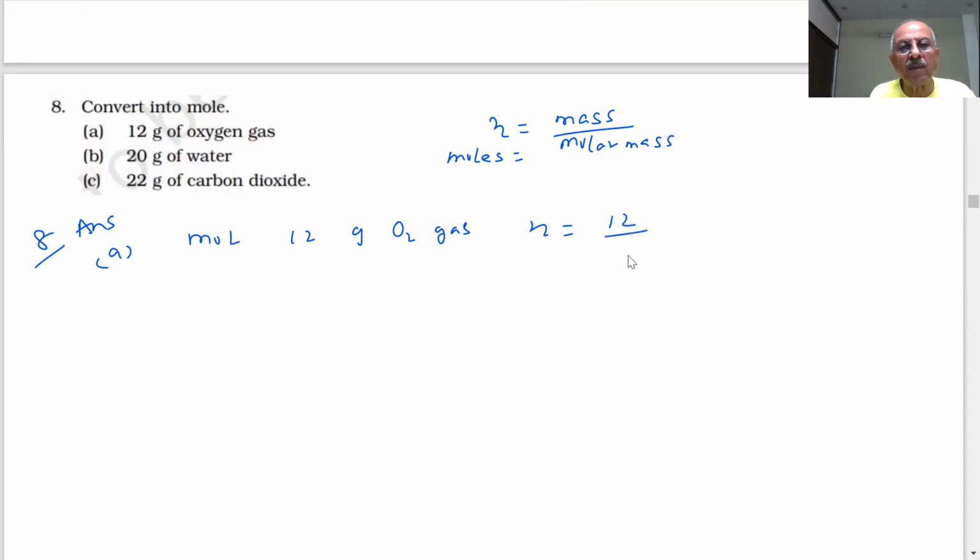Well, what will be the molecular mass? 16, 16, 32. One oxygen. So what are you getting? 12 by 32. What is the answer coming?